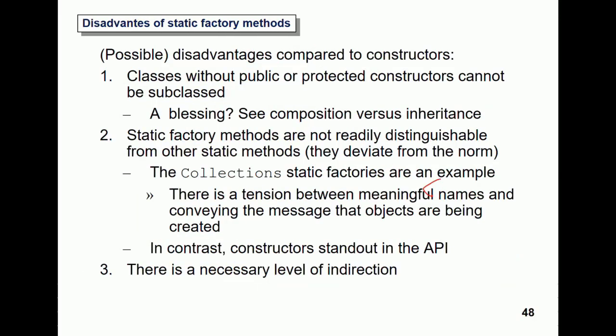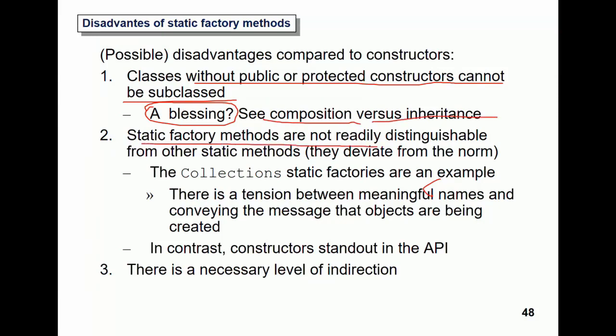So possible disadvantages: classes without public or protected constructors cannot be subclassed. This is possibly a blessing, because we're trying to reduce the amount of tightly coupled inheritance as much as possible. We'll talk about that a bit more when we talk about composition versus inheritance in part 3.